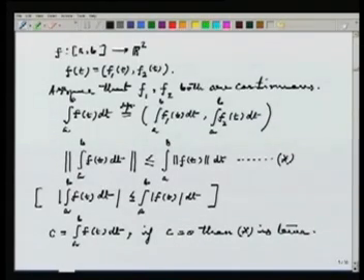Be careful about the meaning of c equals 0. It is not the number 0, it is the zero vector, that is, it actually is the origin (0, 0). If c equals 0, then the left hand side of star is 0, because the length of the origin from itself is anyway 0. Now if you look at the right hand side integral, that anyway is non-negative, because the function norm f(t) is a non-negative function, hence the inequality follows. So the genuine thing is to prove it when c is not equal to 0.